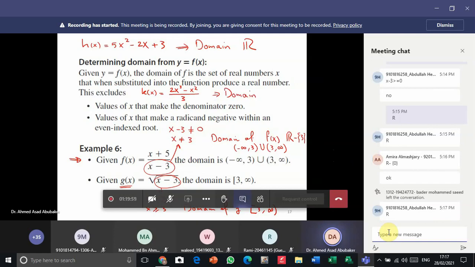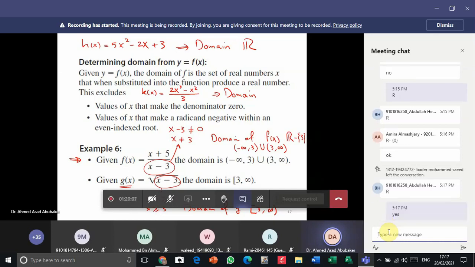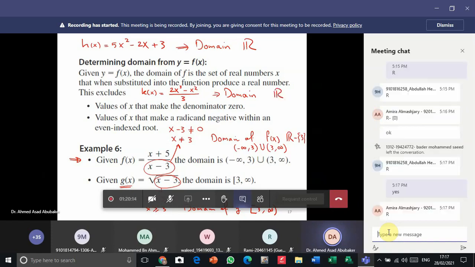What's the domain of k of x? Abdullah says R. Is this correct? This is correct. Yes, R, because in the denominator there is 3, not x.